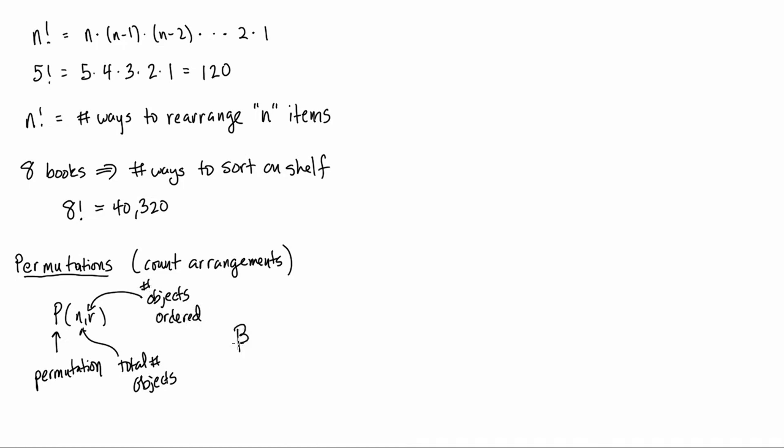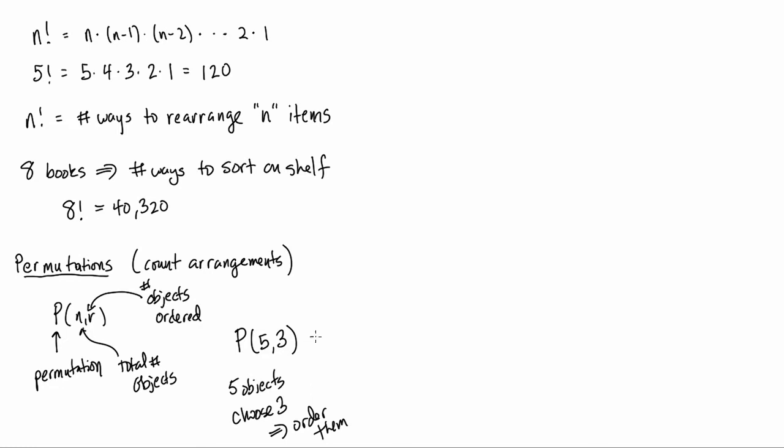So for example, P 5 3 literally means you have 5 objects. You're going to choose 3 and then you're going to order them. So P 5 3 is based on a factorial formula.